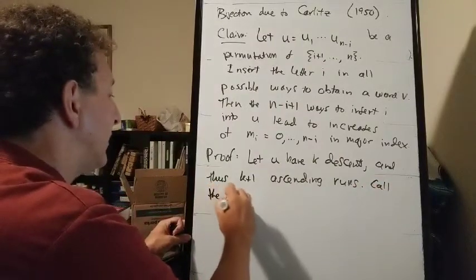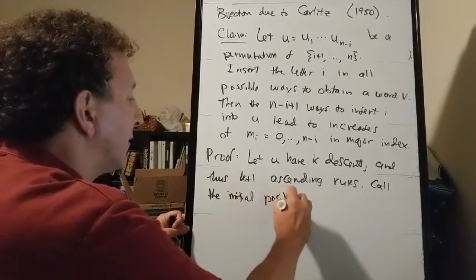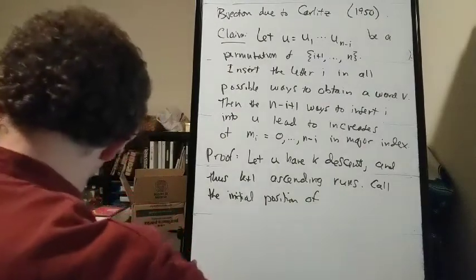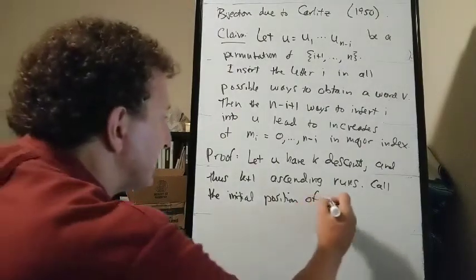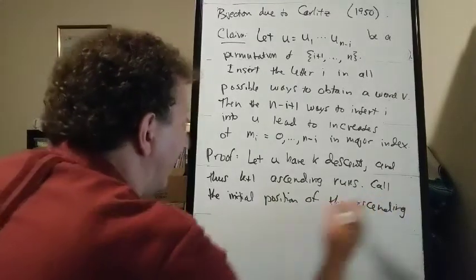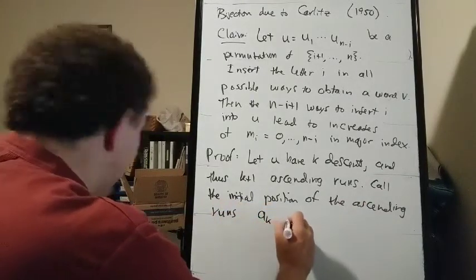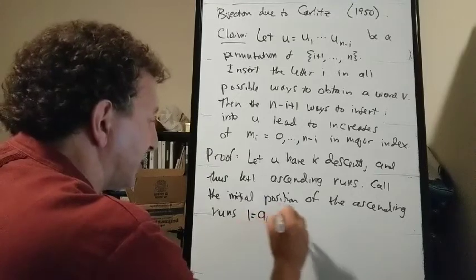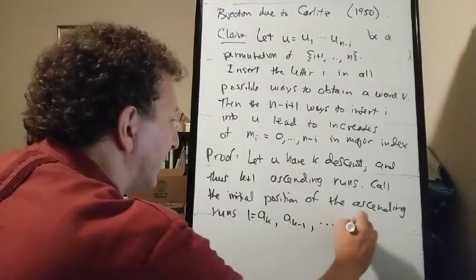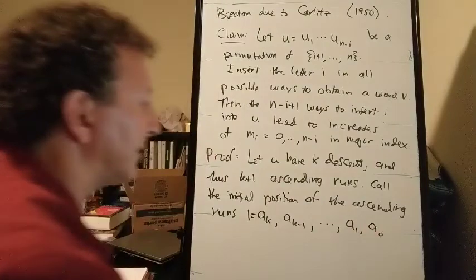Let's call the initial position of each ascending run AK, which will be position 1 necessarily, AK minus 1, etc., down to, let's say, A naught.